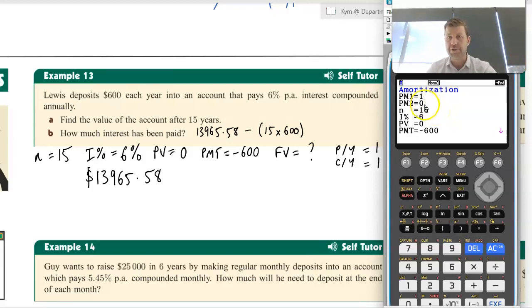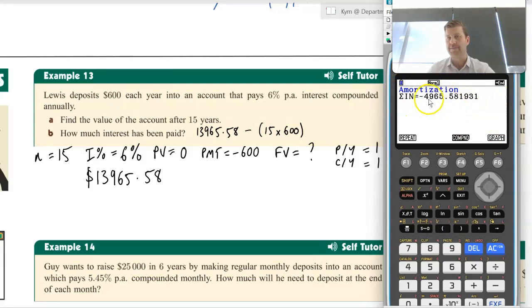So from the first year to the 15th year, based on 15 compounding periods, an interest rate of 6%, $600 being deposited every year. The final value, or the future value, being $13,965.58. How much interest did I earn in that time? And if I click here, this is the sum of all the interest over those 15 years. It actually works it out for me, which is a really good feature to use.